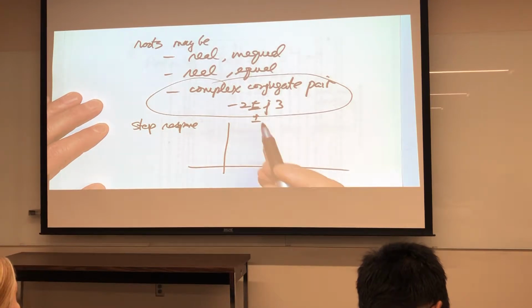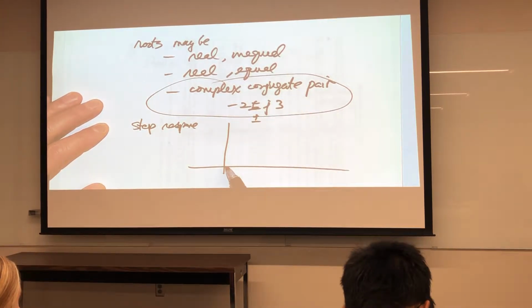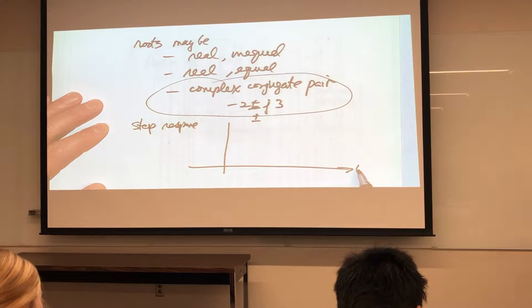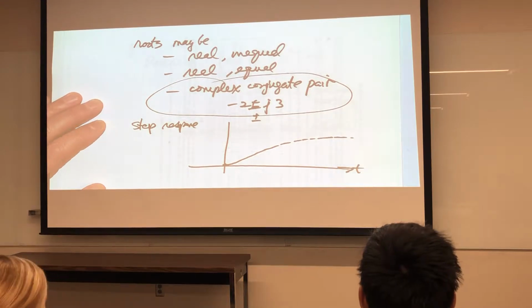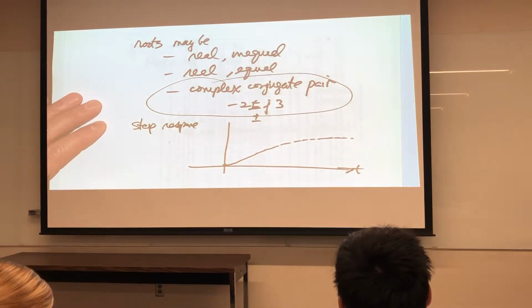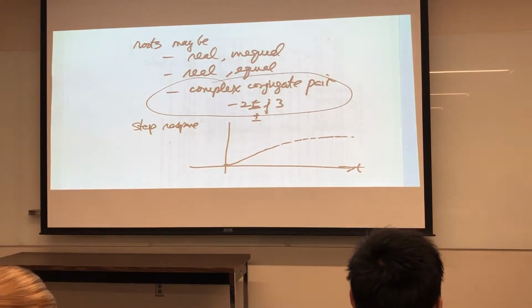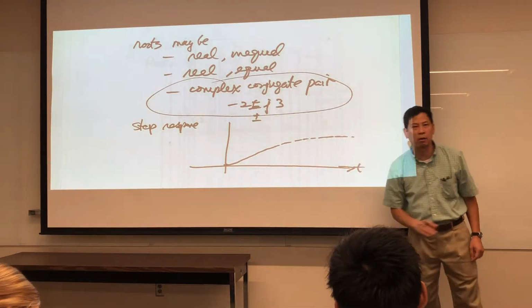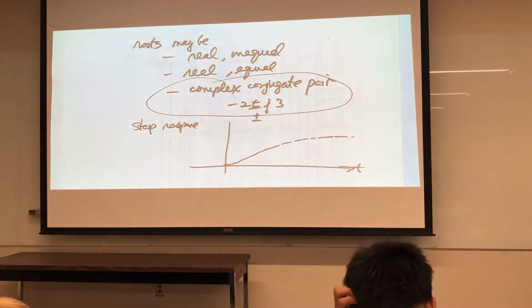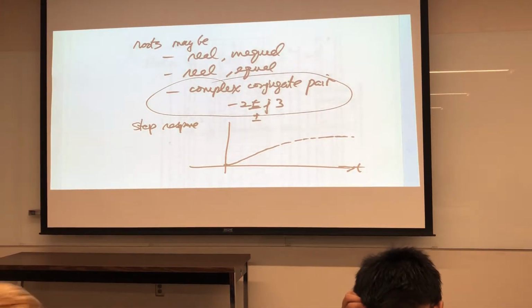The typical step response for the first case is going to be something that starts, this is in time now, gradually and then responds and then eventually settles out, assuming that the response is stable. Okay, if it's unstable, it'll blow up. But if it's stable, it will eventually get a balanced response. The real and equal case is faster.